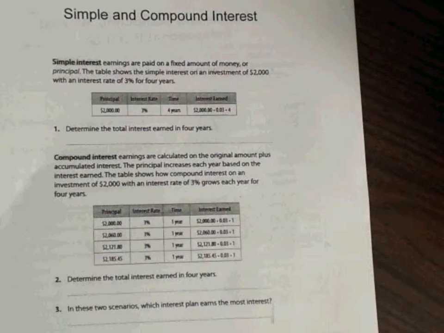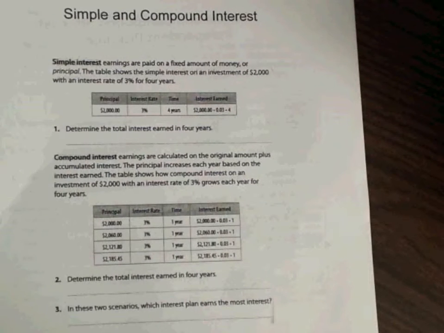If you take a car loan, house loan, or credit card debt, where you don't have that money and need to borrow it, that interest you pay the financial institution. So those are the different kinds of interest.